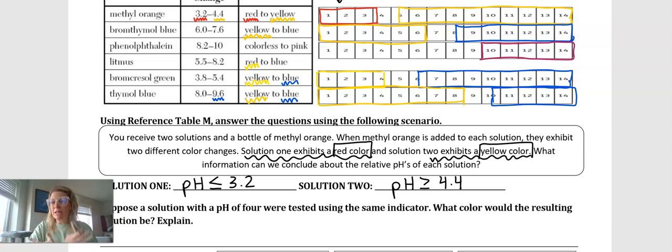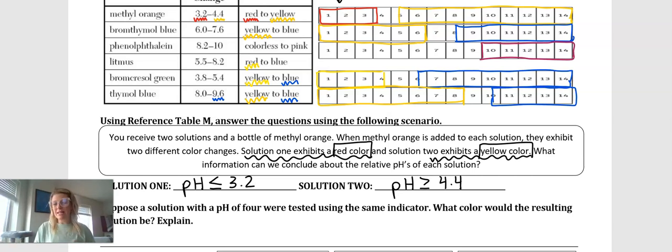Now, let's suppose I had a solution that had a pH of 4 and I wanted to test it using methyl orange, but the pH was just 4 on the dot. What color do you think that resulting solution would be? So our indicator for less than 3.2 is red, for greater than 4.4 is yellow.